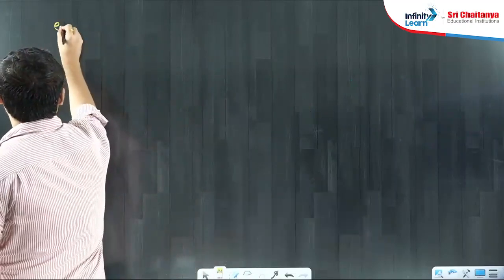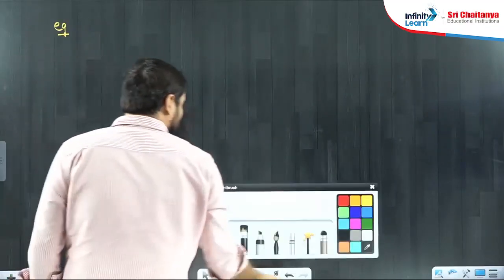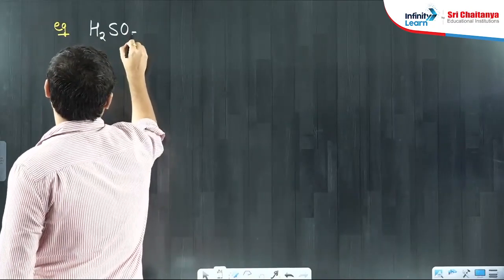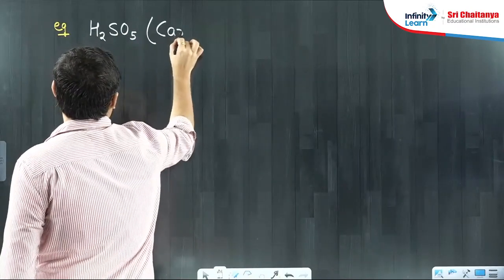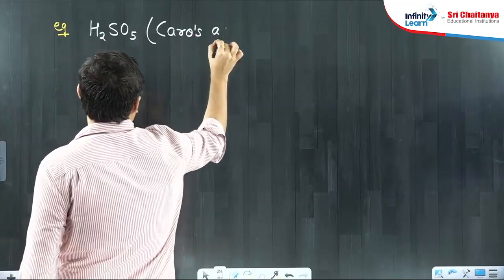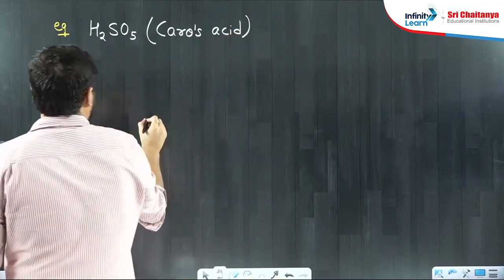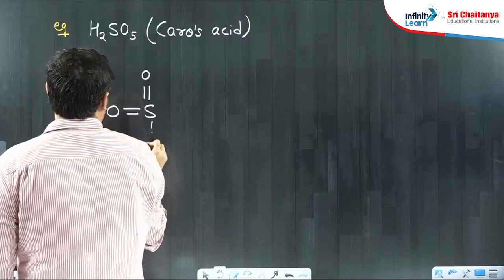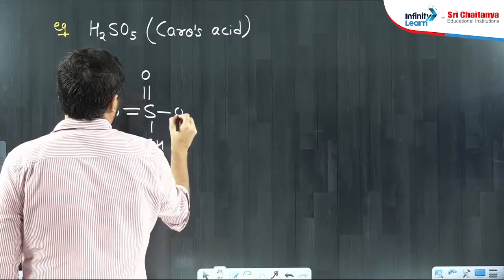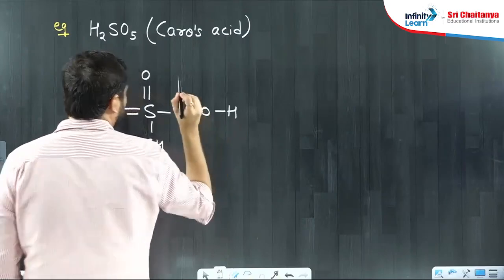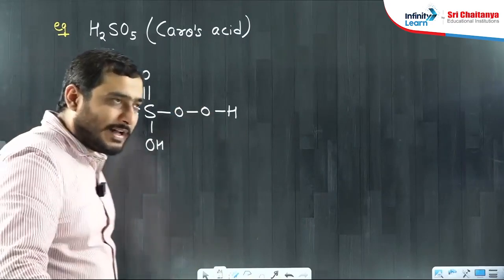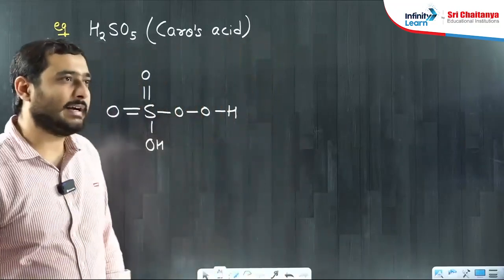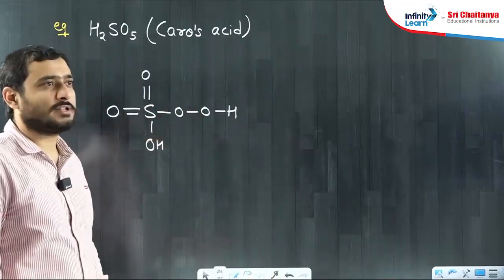Let us write the next example. The next question is H2SO5. The common name for this acid is Caro's acid. I am writing the structure for you: OH, oxygen, oxygen, hydrogen. Now only one sulfur is present, so oxidation number and state are the same. Try to find the oxidation number of sulfur in this compound.